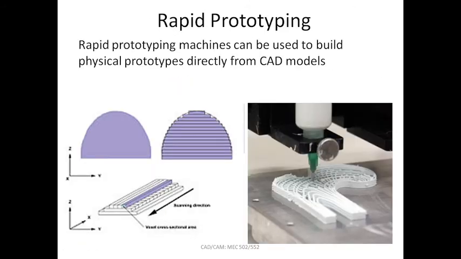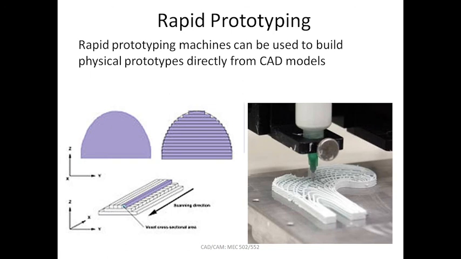And rapid prototyping is another recent development that is very well used for manufacturing different parts. Rapid prototyping machines can be used to build physical prototypes directly from the CAD models, or nowadays they are being used for making the parts, or manufacturing for supply of these parts to the customers directly.